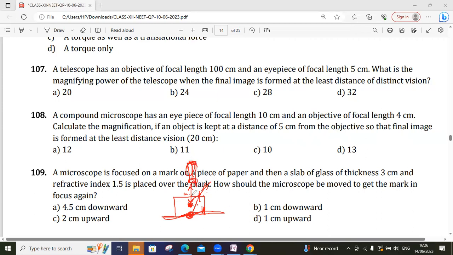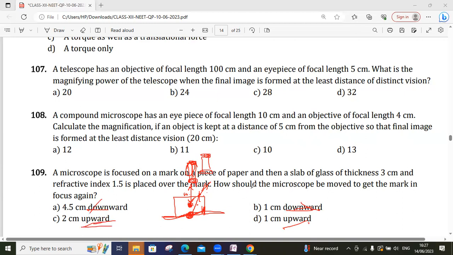So to keep V constant, you have to keep U also constant. So to keep U constant, you have to take it up or down accordingly. See here, if you see the object is coming towards the lens, so the microscope should go. It should be raised up, right? So it should be raised up only, but not down.